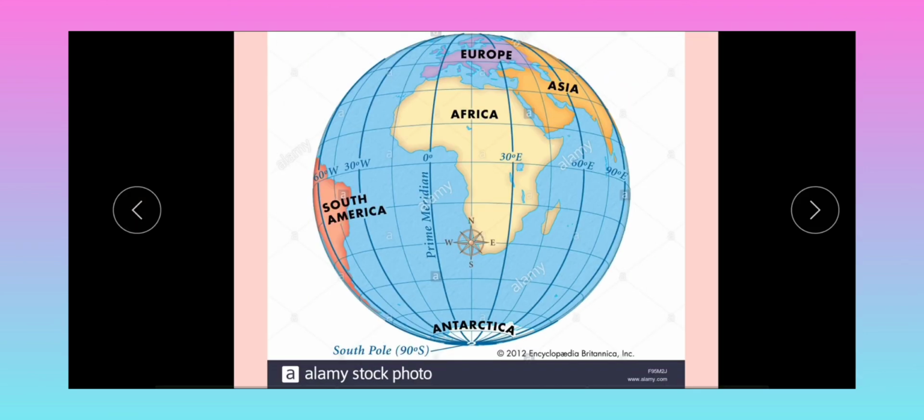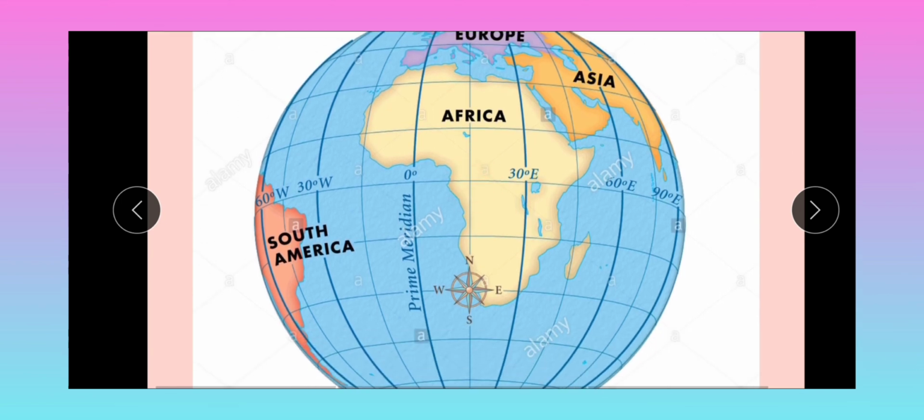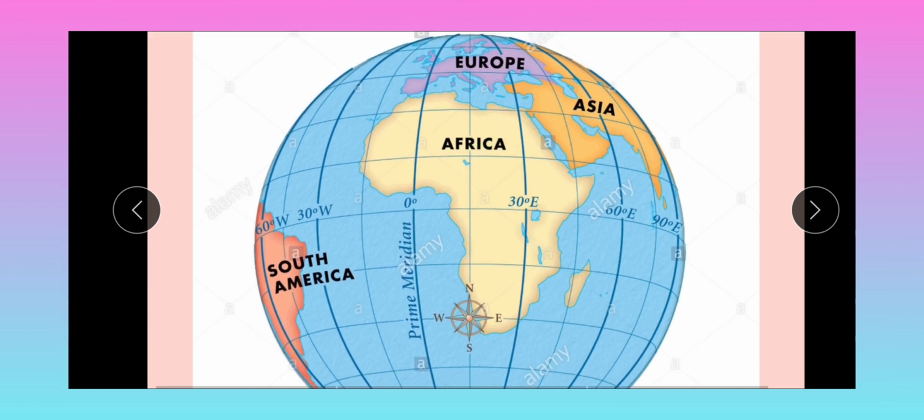Here the longitude has been explained. Actually we have to see longitude and latitude both, but in different diagrams they have shown them separately. Here they have shown us Africa. Where does Africa lie? We can see it lies between 40 degree east and 40 degree west of longitude.